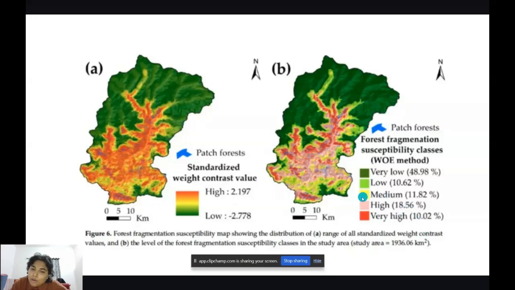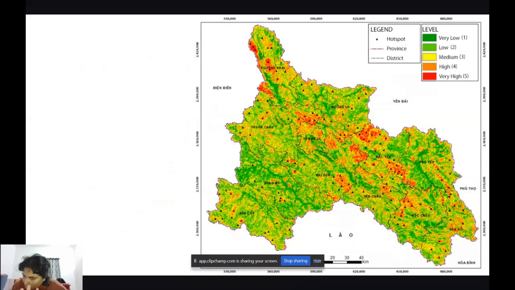And then you have yellow areas which are along the periphery of these high and very high susceptibility to forest fragmentation. And then you have low and very low. Okay, so this is likely to happen, that has been predicted. This is the status, that means it has already happened.